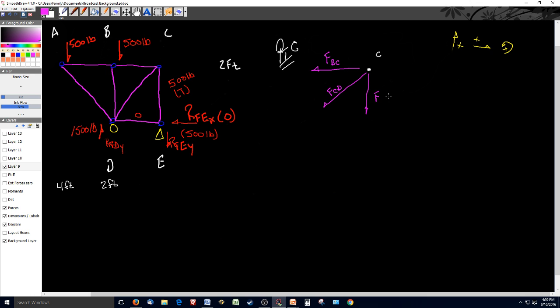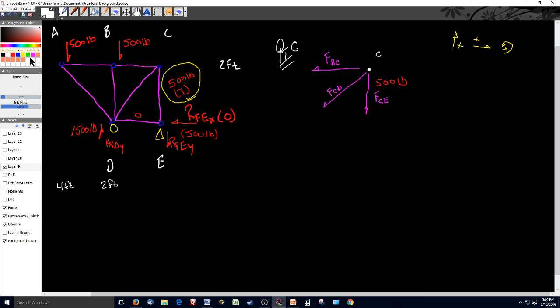It's the force from C to E. We found that in our prior step, and that is equal to 500 pounds in tension. So right here, it's 500 pounds in tension. Let's go ahead and write that value in here. That's the reason I drew the arrow going down. That's the symbology for it being in tension, as you recall.